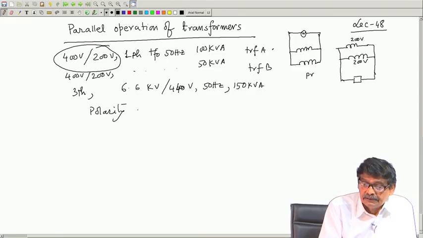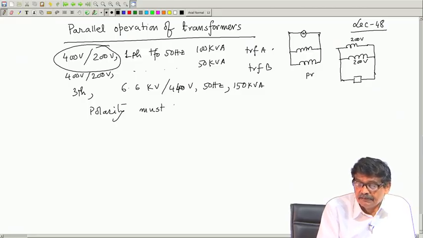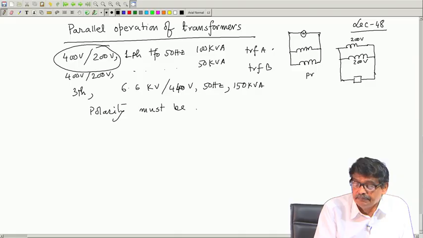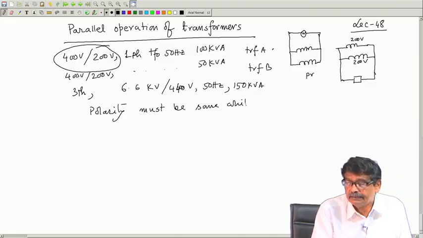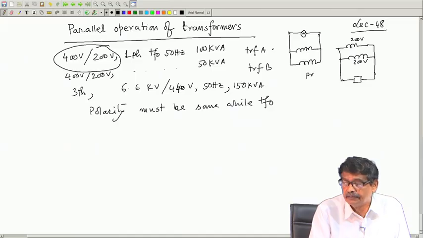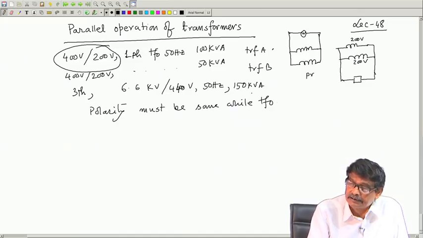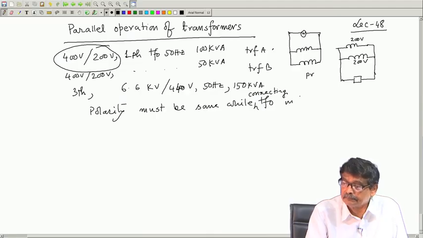The polarity must be the same while connecting transformers in parallel, otherwise you cannot do it.